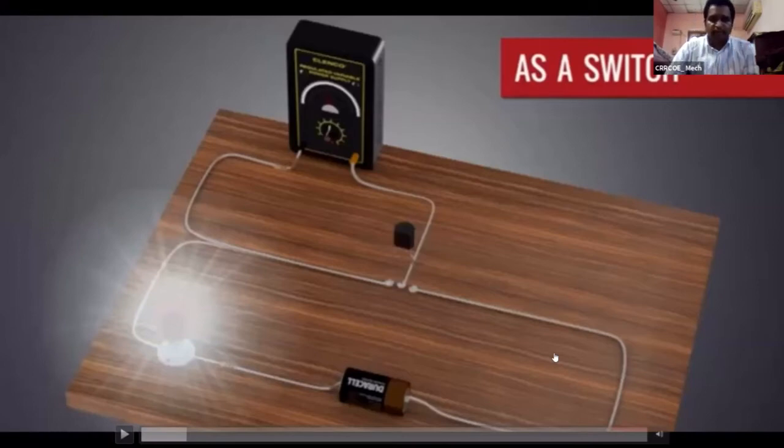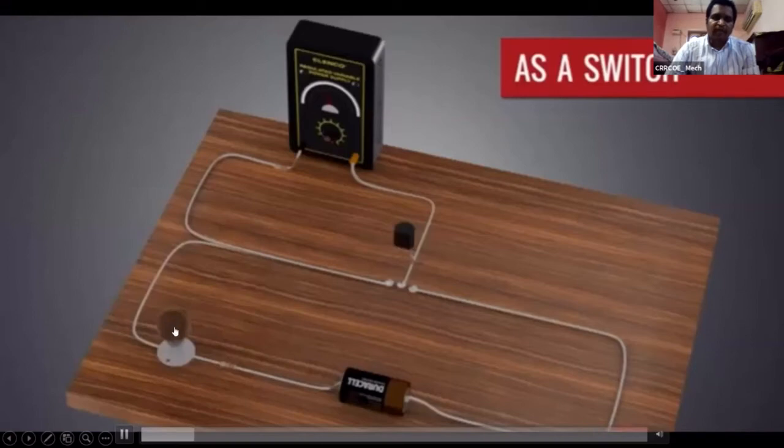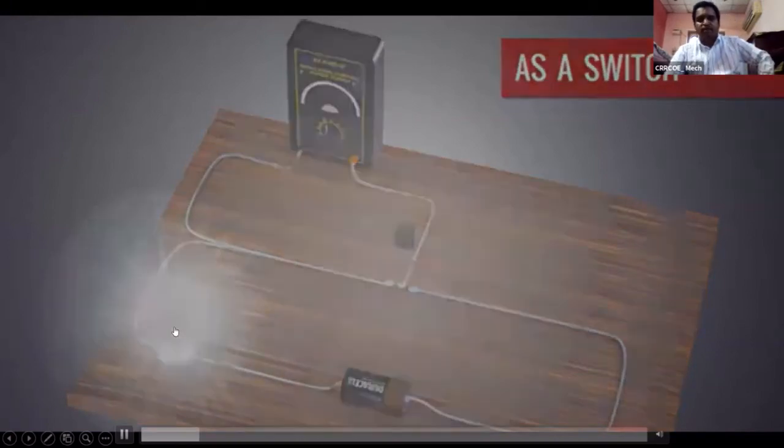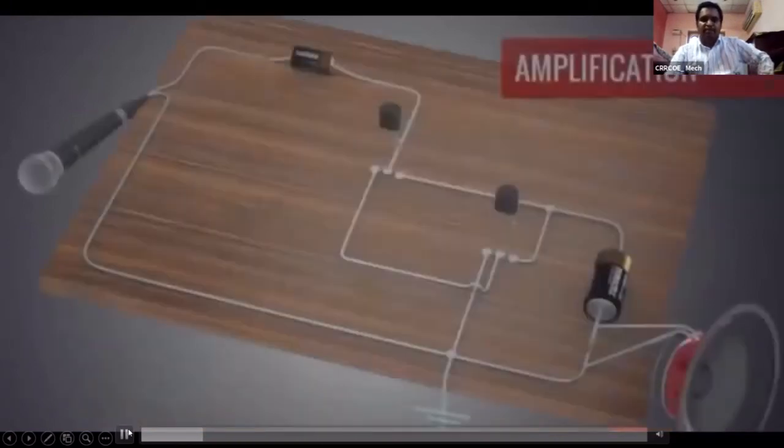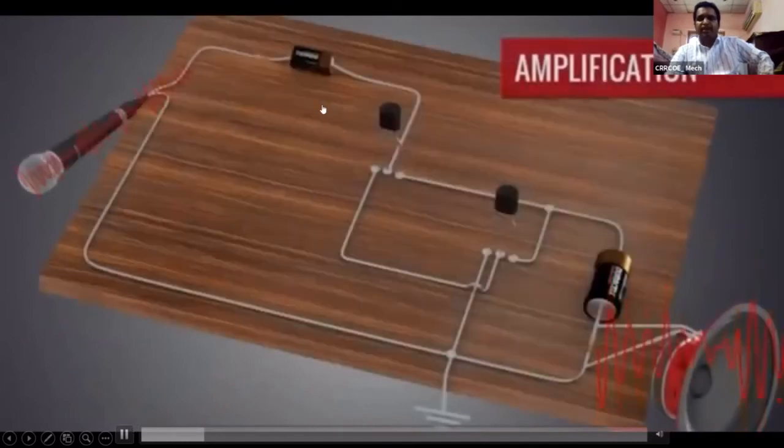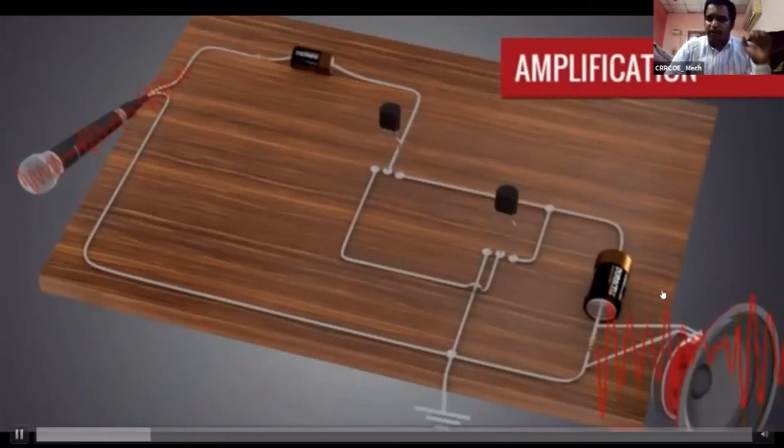See here, the transistor is used for two applications. One is that the transistor acts as a switch, meaning for turning a light on and off we use a transistor. The second one is amplification, meaning we amplify the input to a high level.